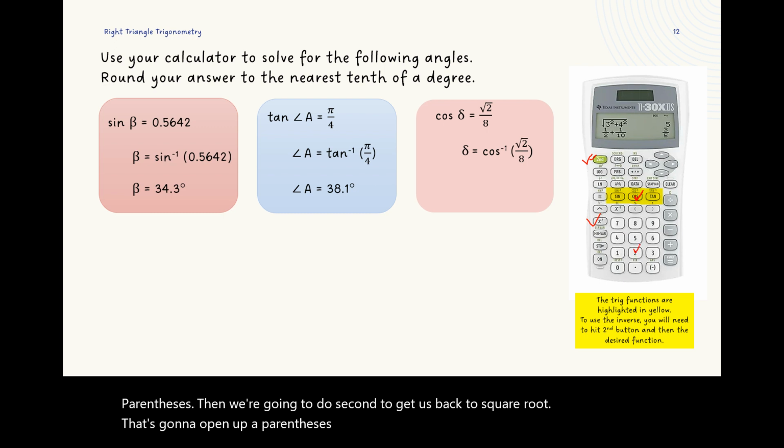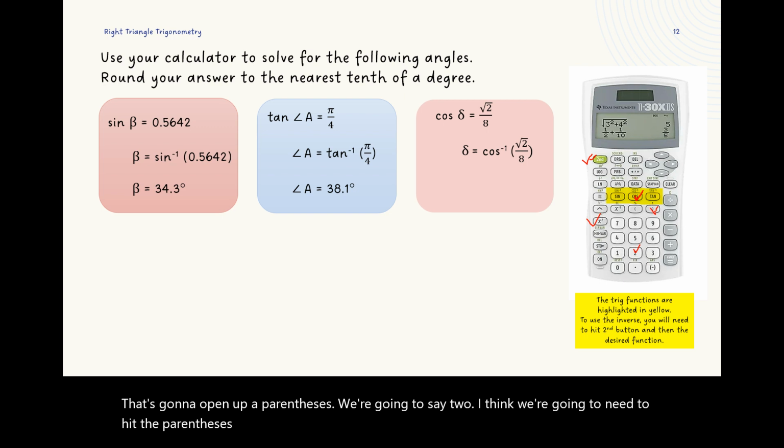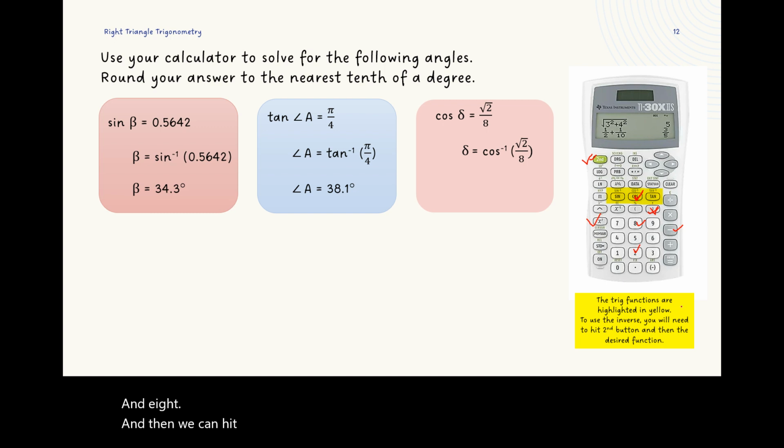We say 2, then hit the parentheses again to close that first one, and then divide by 8, and hit parentheses again to close it. Once you've got all that in, hit enter, and we should get that phi is 79.8 degrees.